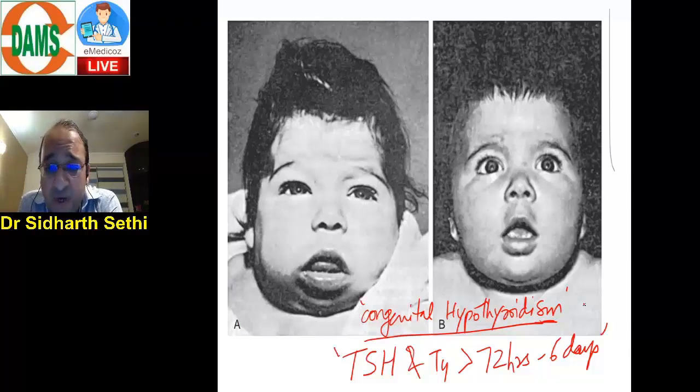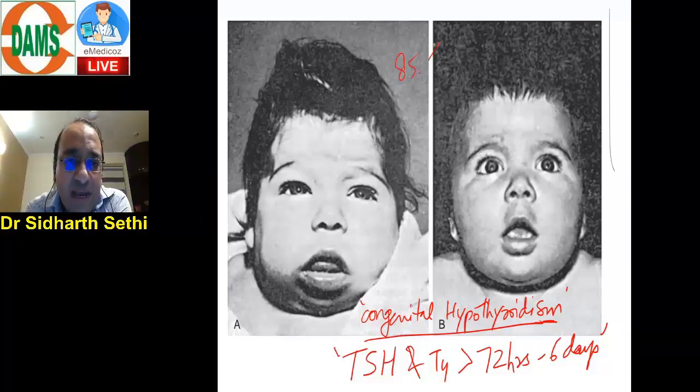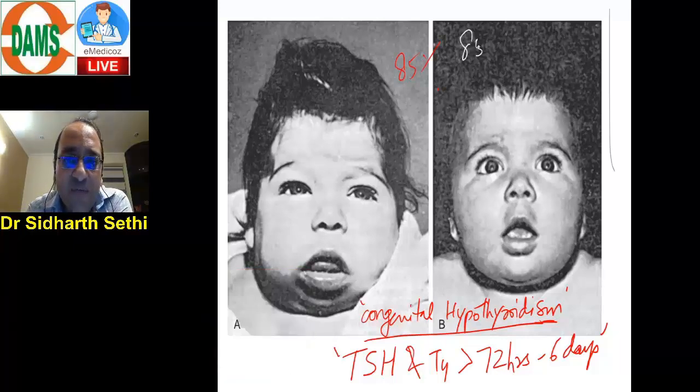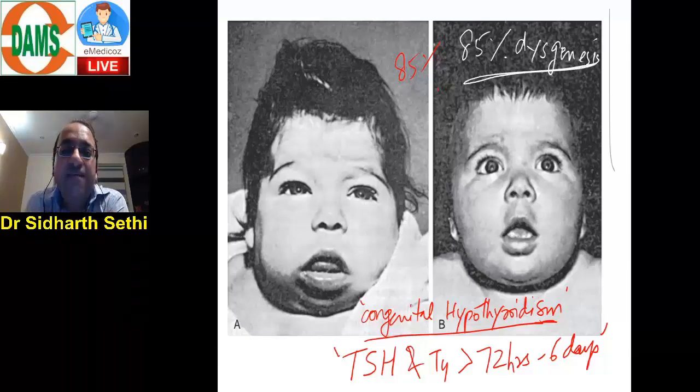It's preventable because you can supplement thyroxine in these babies. Remember all of you, 85% of congenital hypothyroidism is agenesis or dysgenesis of the thyroid gland.